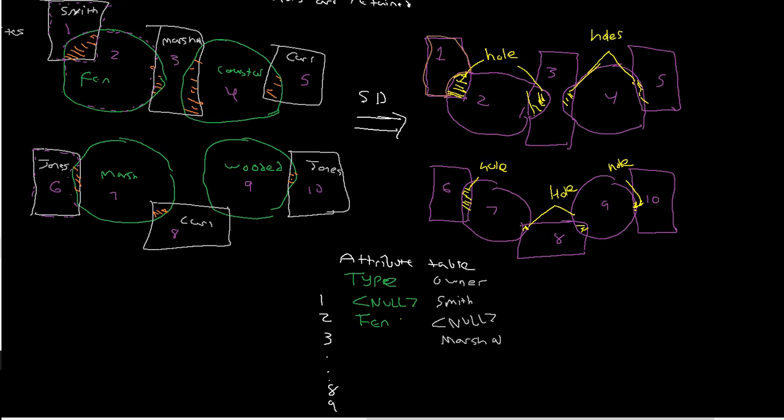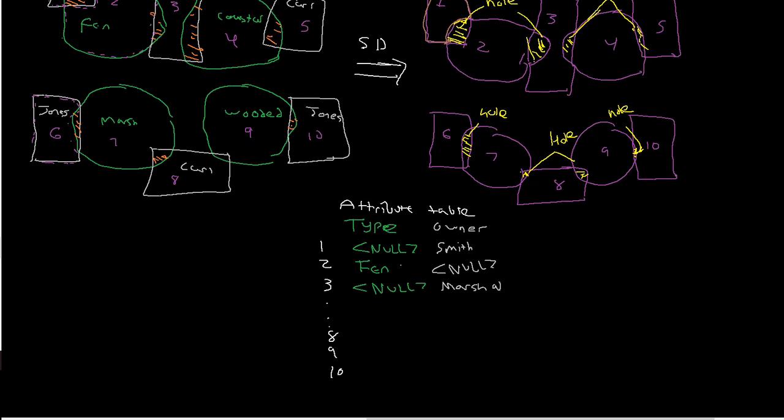But again, just like with the first construction site, there is no attribute for type. So it's going to be null. Okay. Hopefully that makes sense. Let's go ahead and beat this point home by going through the last 3 here. So we're going to look at 8, 9, and 10.